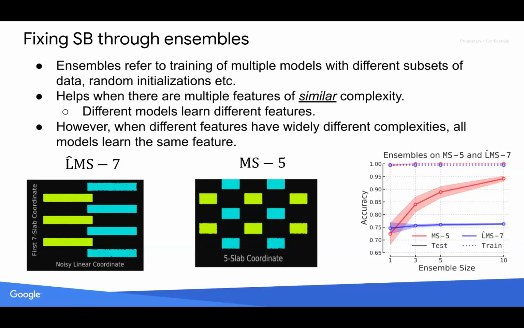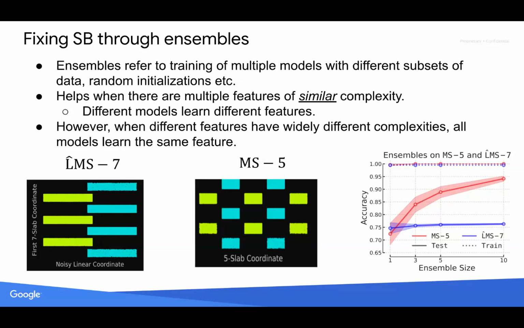And the number of pieces in the piecewise linear classifier that we need is exactly the same in both of them. So when we train independent models, different models end up picking different features, some pick the x coordinate, some pick the y coordinate, and so on. Consequently, in the rightmost plot, in the red graph, where the x-axis indicates the ensemble size and the y-axis is the accuracy, as we increase the number of models in the ensemble, the accuracy increases because different models end up learning different features.